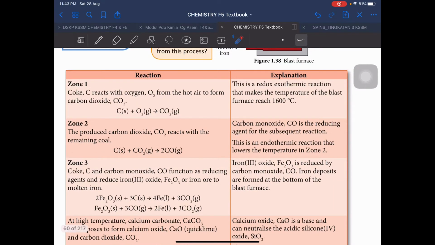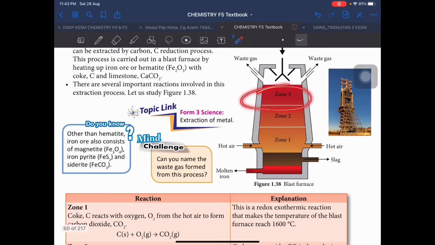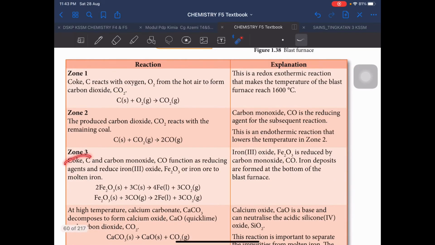Okay, zone 3. So what happened here in zone 3? Coke and carbon monoxide function as reducing agents and reduce iron(III) oxide or iron ore to molten iron. So there are two things here. Satu adalah carbon ataupun coke.